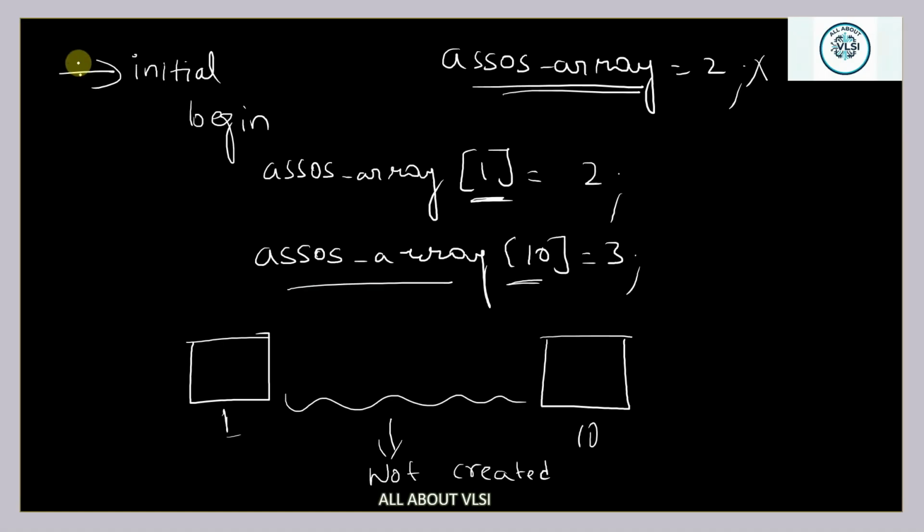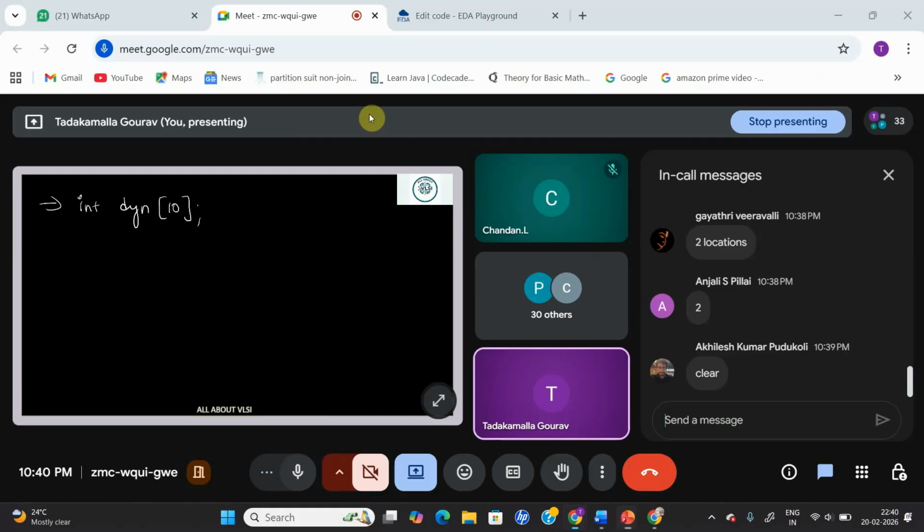And next, the specialty of this associative array is, okay, so before that, let's say I'm going to declare an array int dyn of 10. Now, can anyone tell me whether it is an unpacked array, packed array, dynamic array, queue, or an associative array?